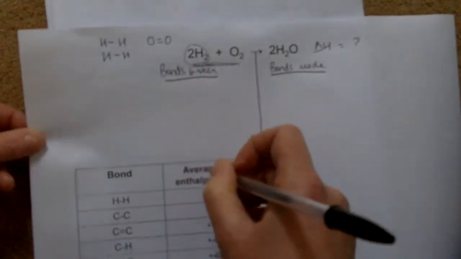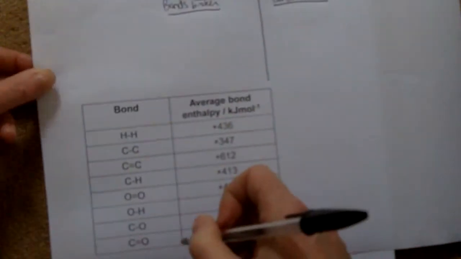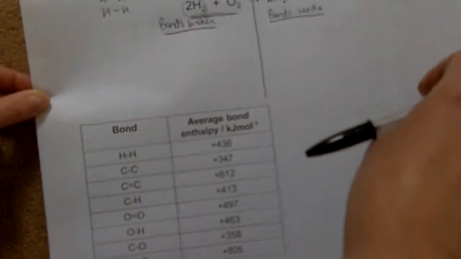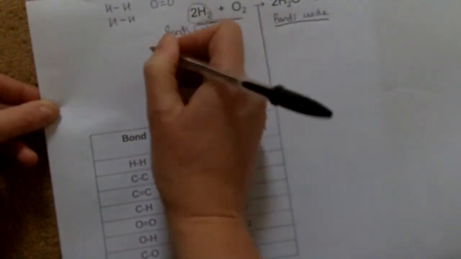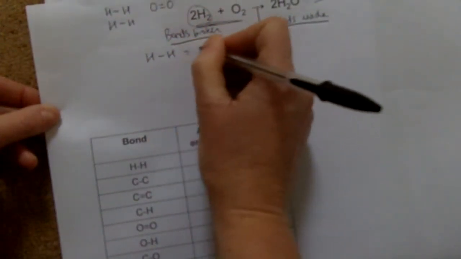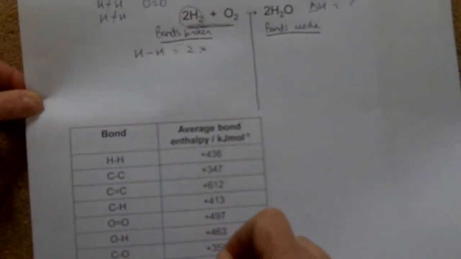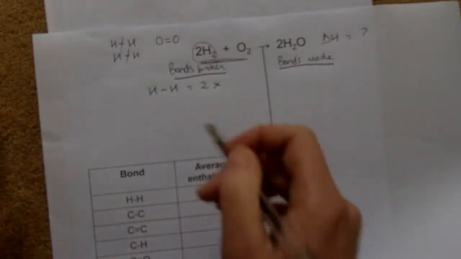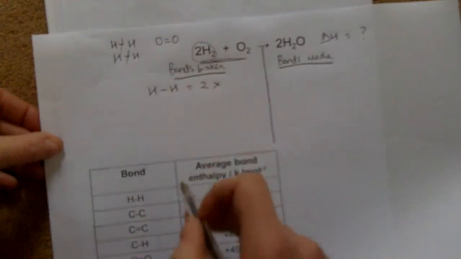Using the table to help, which is also in your textbook, we've got a hydrogen bond, but we've got 2 of them. So we're going to break 2 of these HH bonds. When I say hydrogen bond, I don't mean the intermolecular force, I mean just the HH bonds.